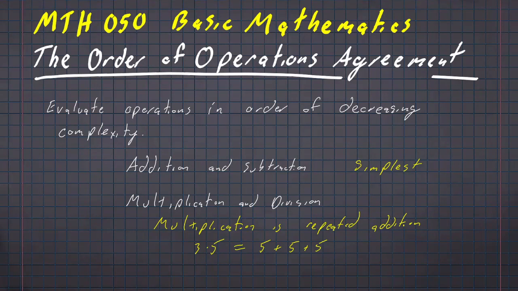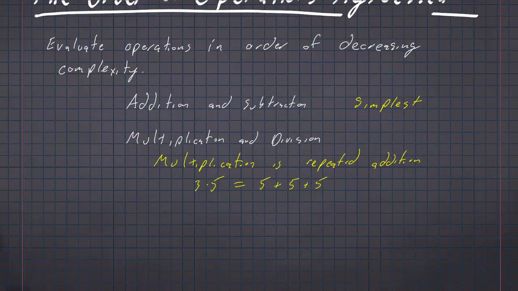Division, it turns out, is also repeated subtraction. If I take 12 and I subtract 4, and I subtract 4, and I subtract 4. 12 minus 4 is 8. 8 minus 4 is 4. 4 minus 4 is 0.